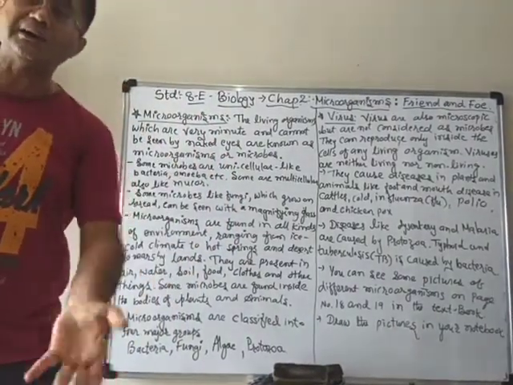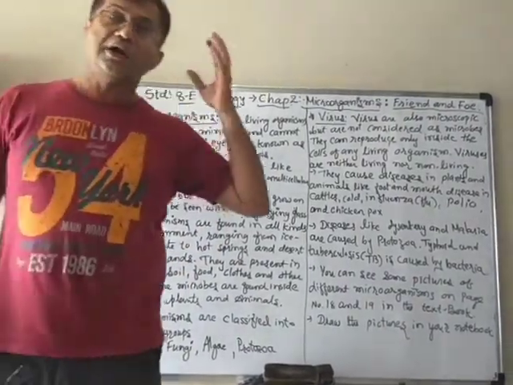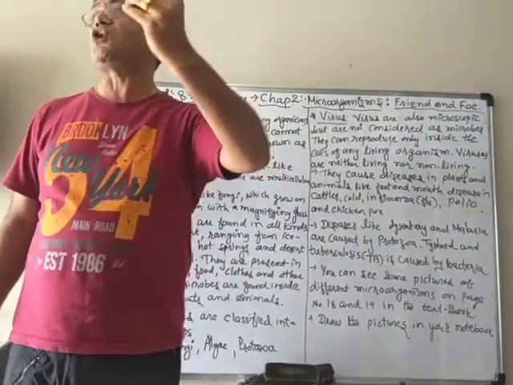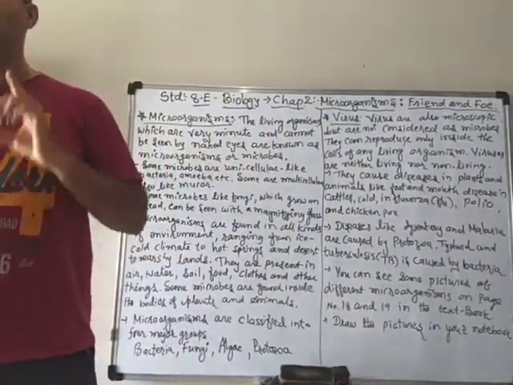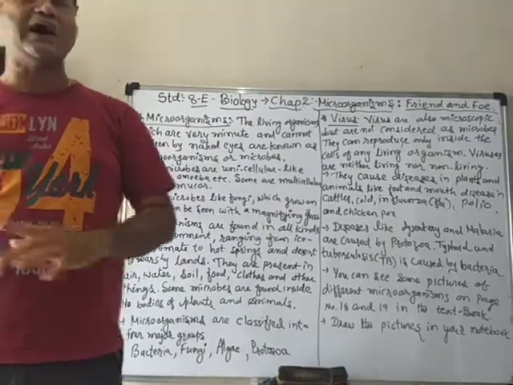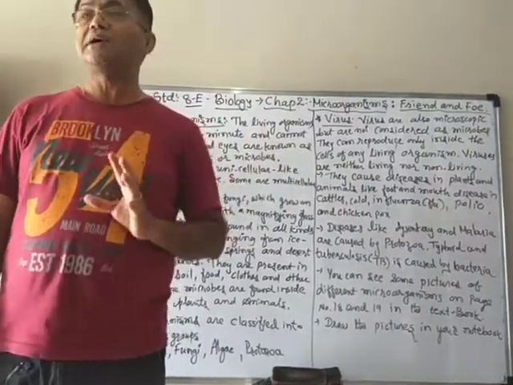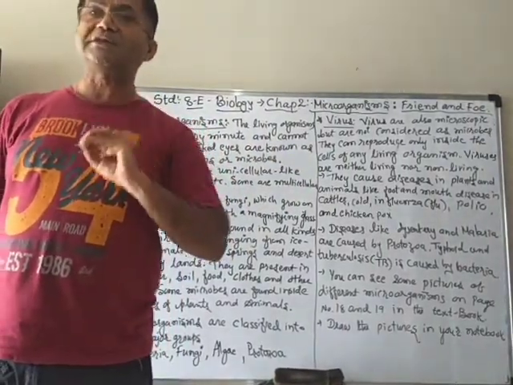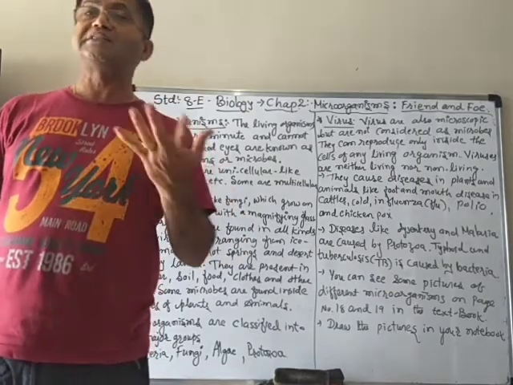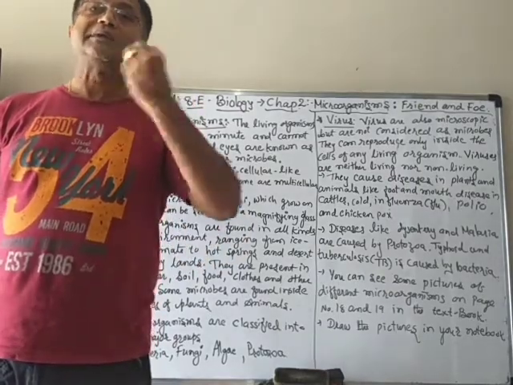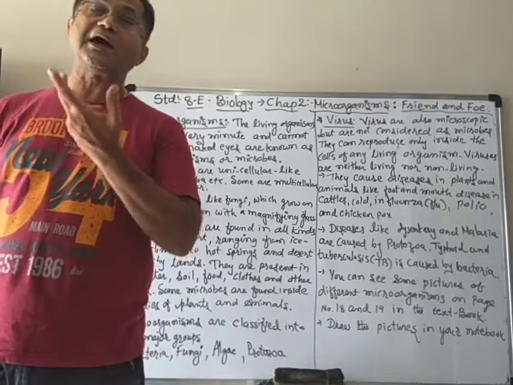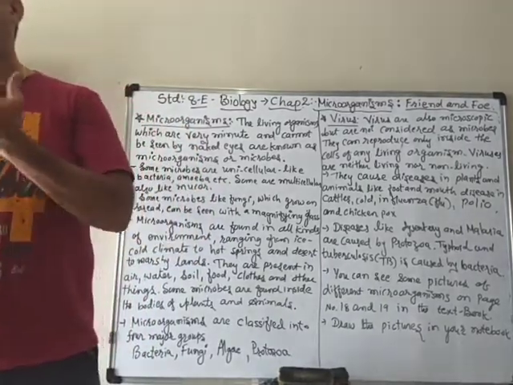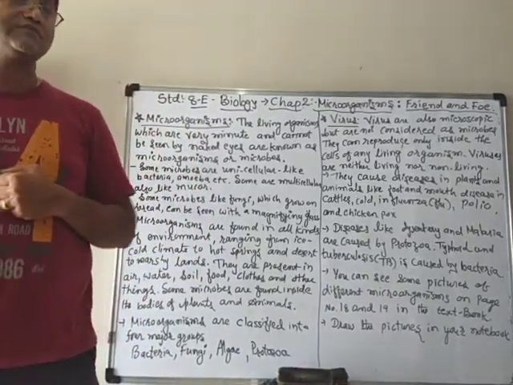They can be found in muddy water, in the air, and in the soil also. It means that these microorganisms are everywhere around us. But the only problem is that we cannot see them, and therefore we sometimes cannot take precautions because we are not aware that they are around us.